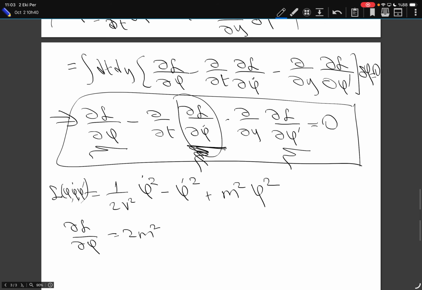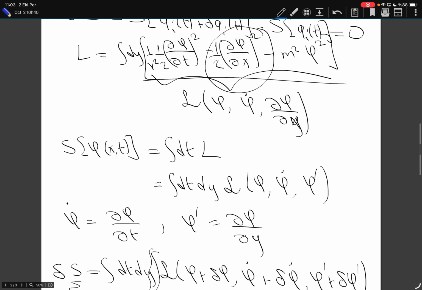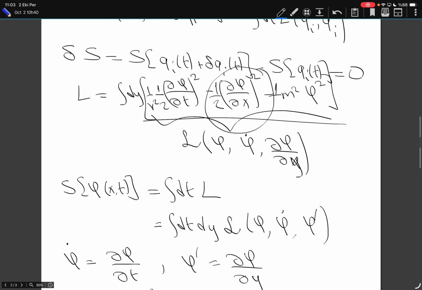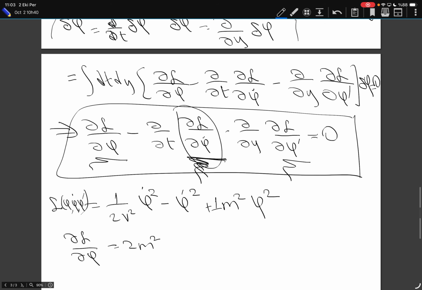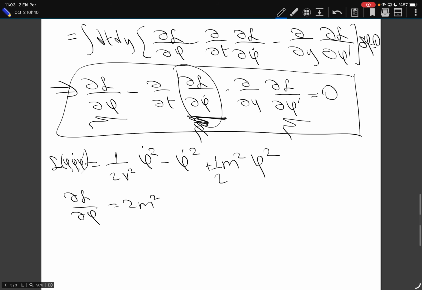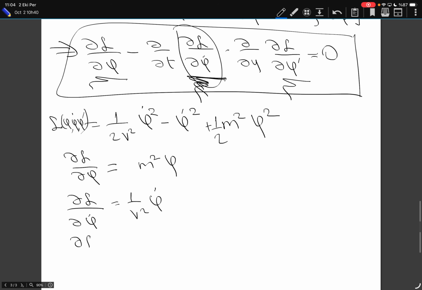No, sorry. If I stick with the convention, all these terms have 1 over 2, so it is m squared phi. The derivative with respect to phi dot is 1 over v squared phi dot. The derivative with respect to phi prime is minus phi prime.